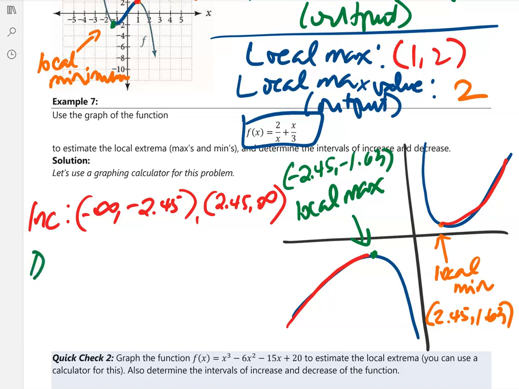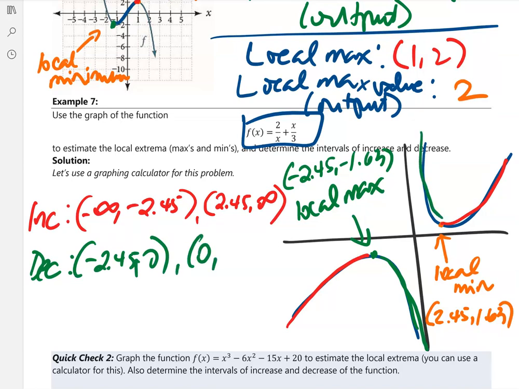Then decrease, so this part here is from negative 2.45 to 0, it won't touch 0, and also decrease here, that is from 0 to 2.45. So that is number 7.